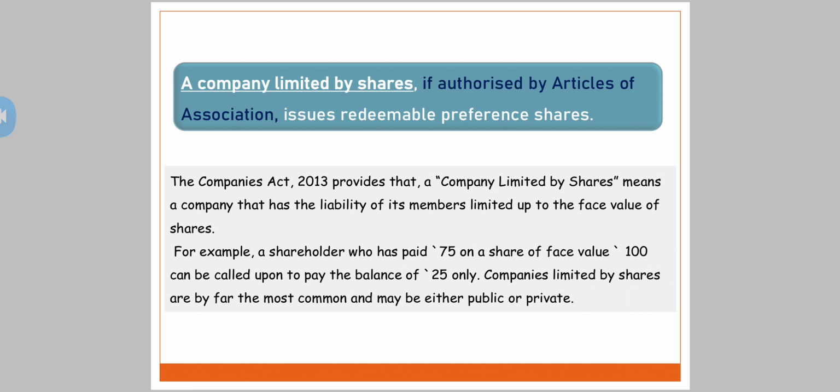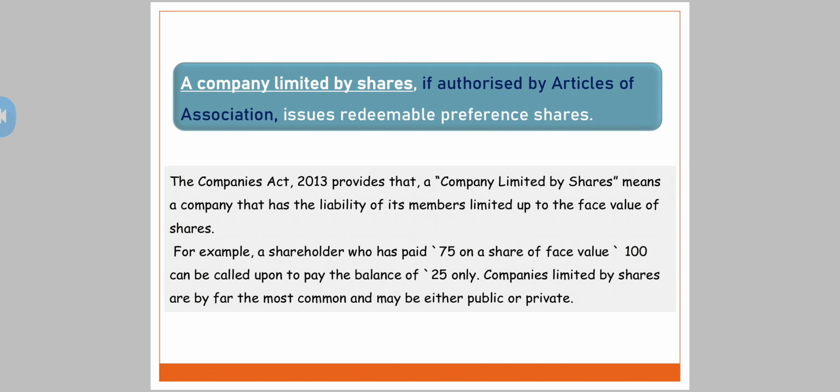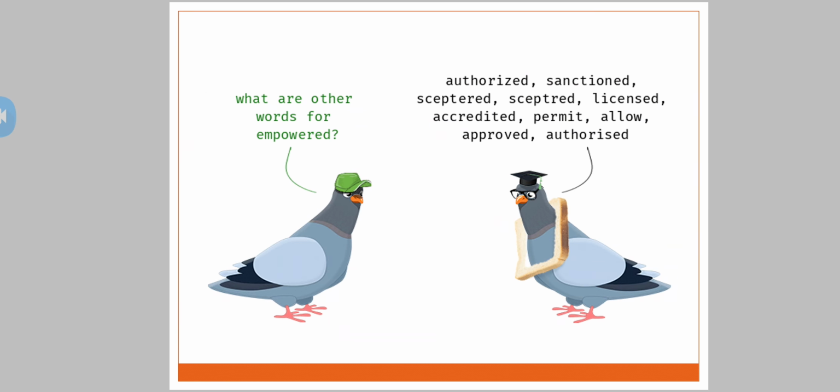What you are supposed to remember is all these blue boxes which I have highlighted. The very first one is shares which are redeemed after a certain fixed period of time are called redeemable preference shares. Second, a company limited by shares, if authorized by the Articles of Association, if there is permission, if the company has authority under the Articles of Association, then only will the company issue redeemable preference shares.